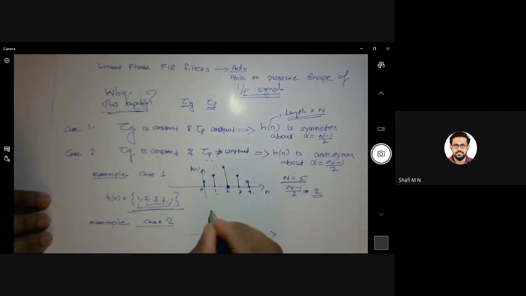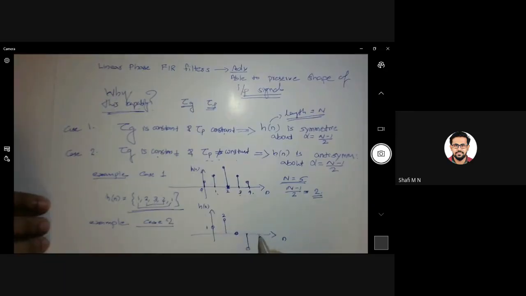Consider a signal like this, where this is n and h(n). See, anti-symmetric: the center should be 0, right? h(n) should be equal to minus h(minus n). So if this is 1 and this is 2, then on the other side this will be minus 2 and this will be minus 1.